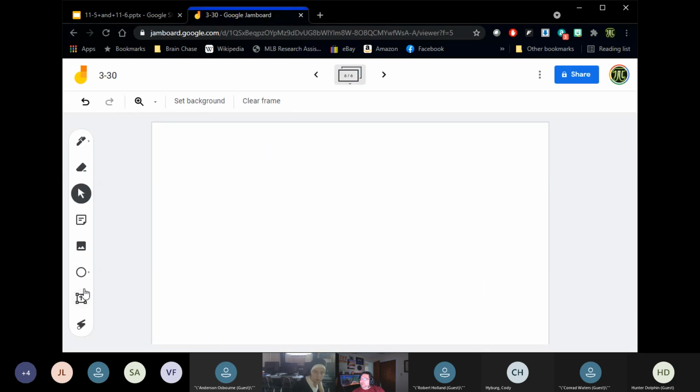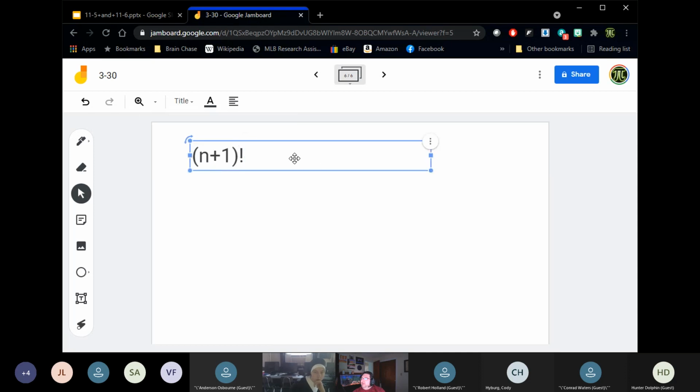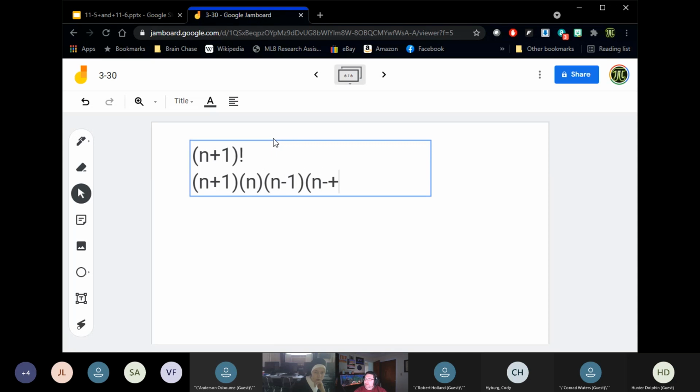So here, let's try this. I have n plus 1 factorial. Actually, let's make this a little bigger. All right. If I look at that, that's the same thing as saying n plus 1 times n times n minus 1 times n minus 2, and all the way down to 1, correct?